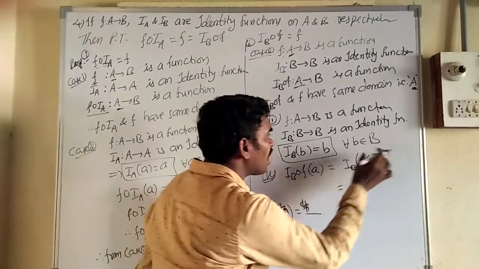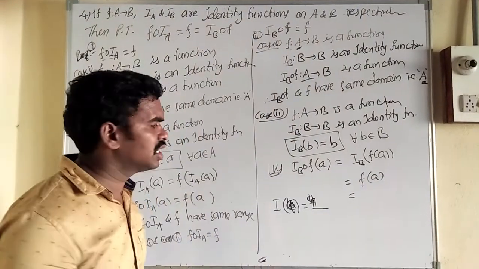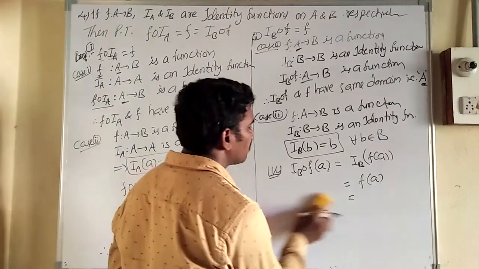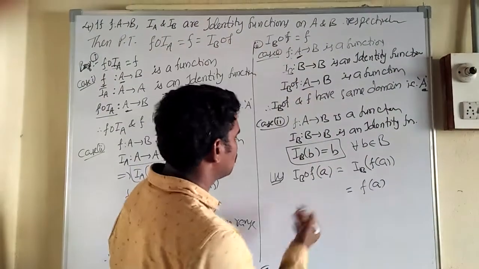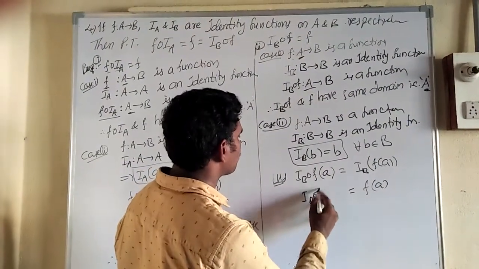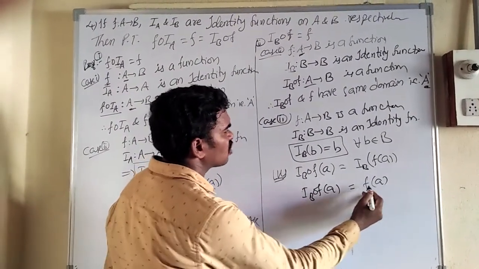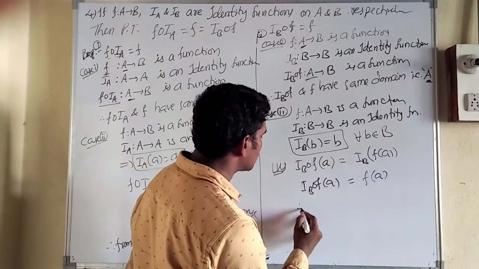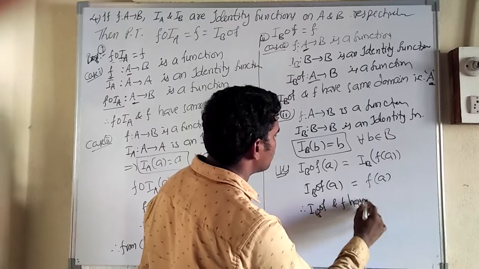Similarly, IB of F of a equals F of a. That is finished in one step. So IB circle F at a is equal to F at a. Therefore, IB circle F and F have the same range.